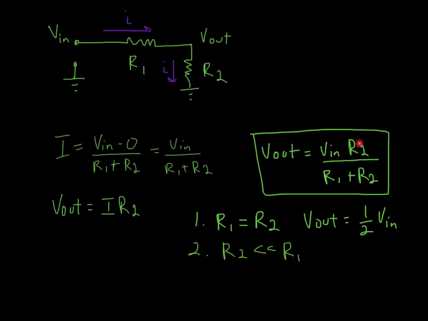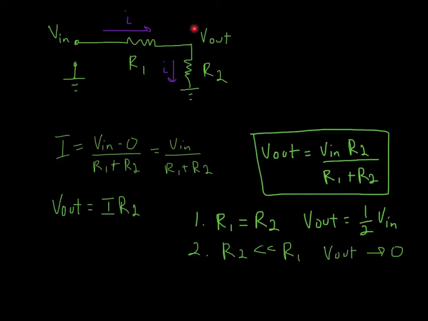So we would say V out goes to 0. Basically, you can think about it as this resistor gets tinier and tinier, it's going to start drawing a lot of current, and these 2 points are going to be the same as ground, so that'll go to 0.